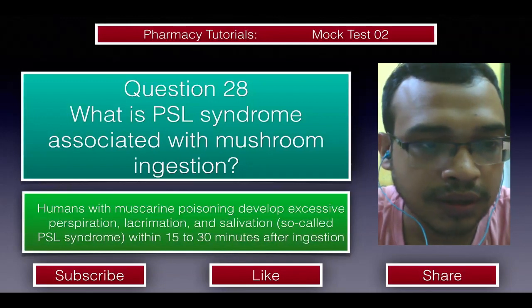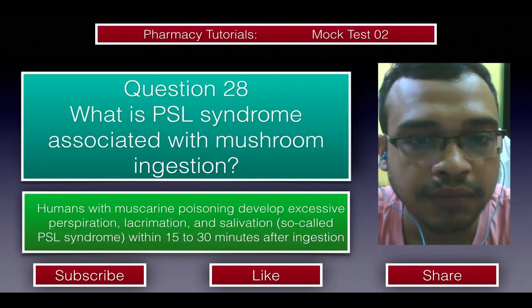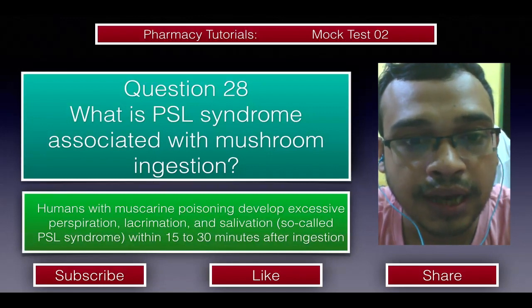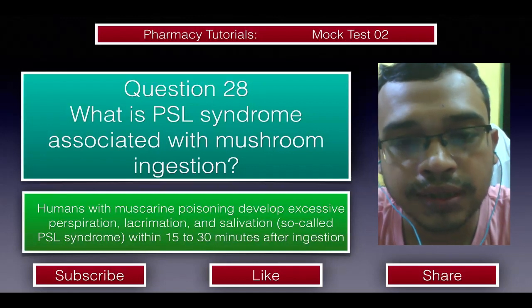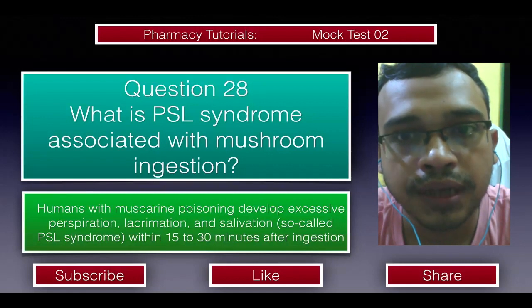The answer is humans with muscarine poisoning develop excessive perspiration, lacrimation, and salivation, within 30 to 60 minutes after ingestion. Next question.